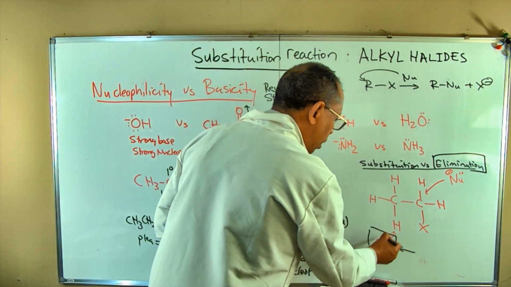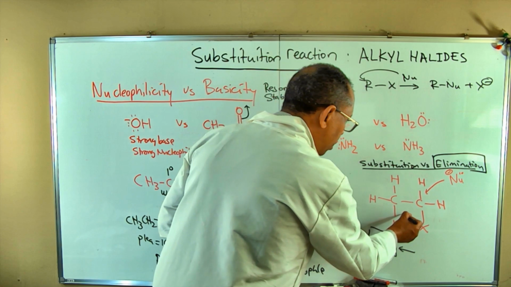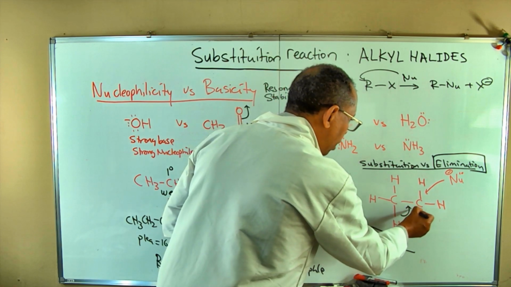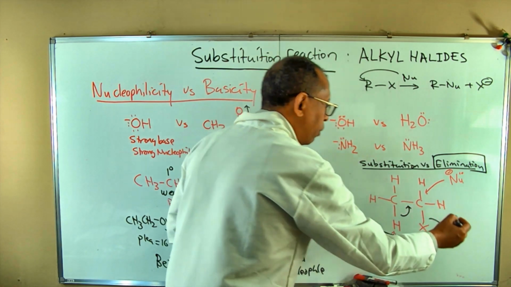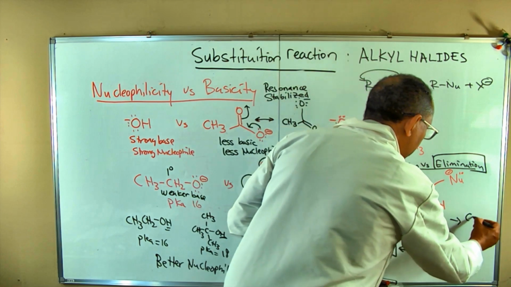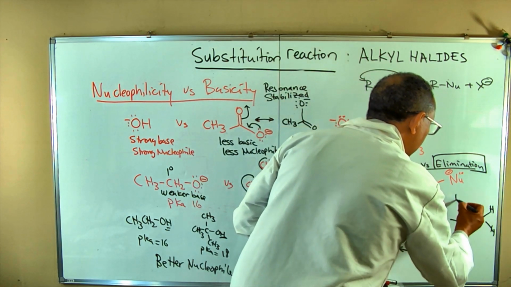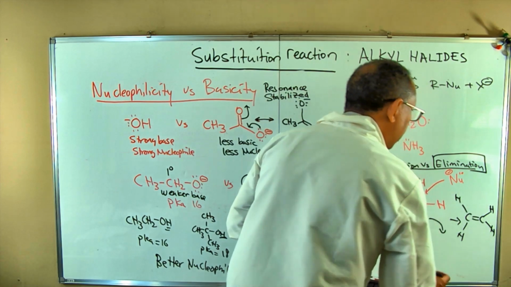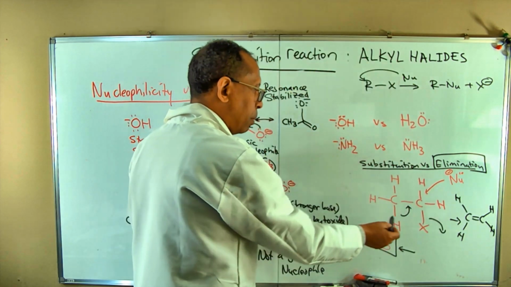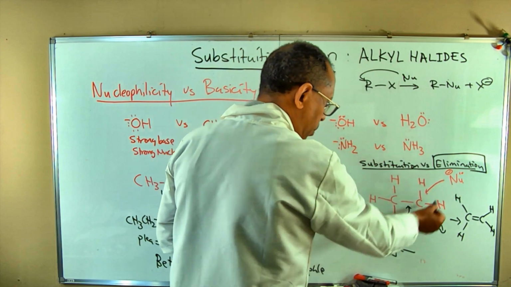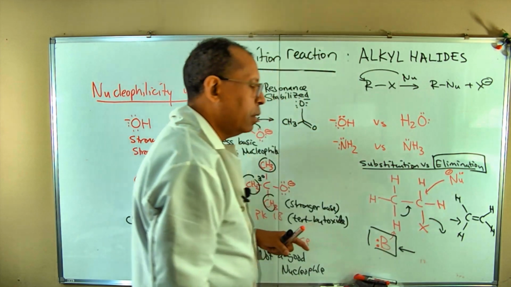The base takes that proton, this pair of electrons comes in, this goes out, so it forms the elimination product, which is a double bond. This is not what you expect if you do substitution. Substitution just replaces X with a nucleophile.